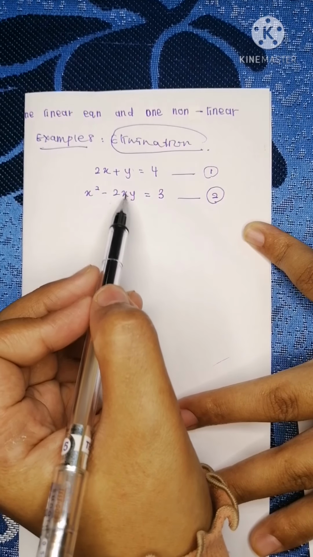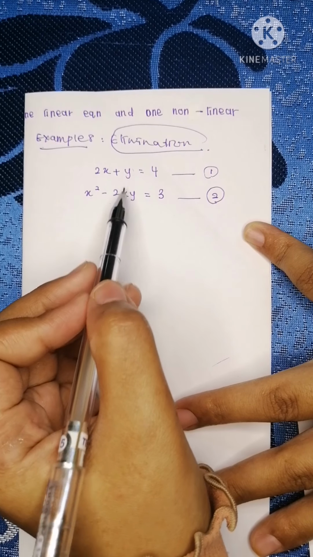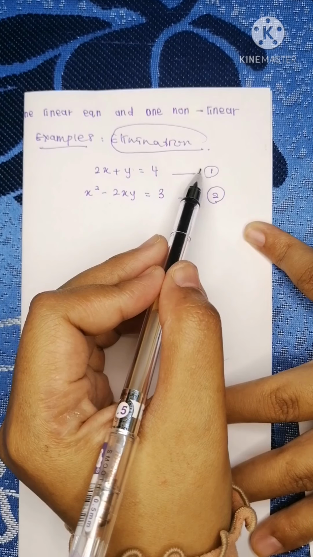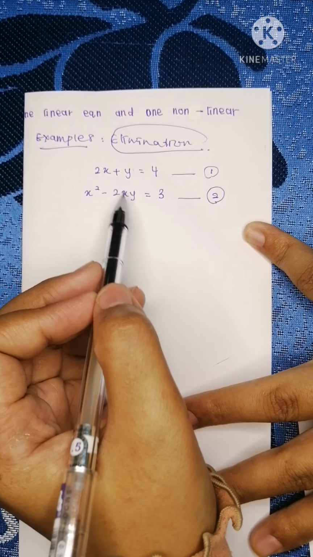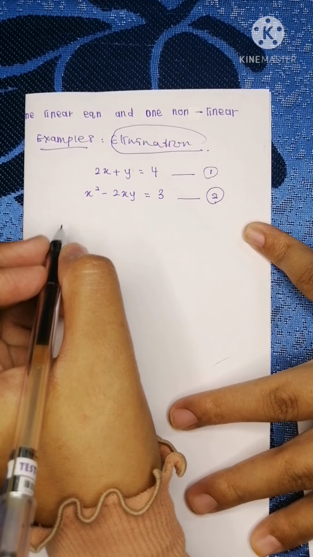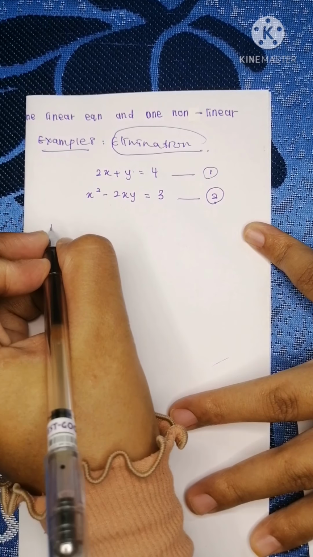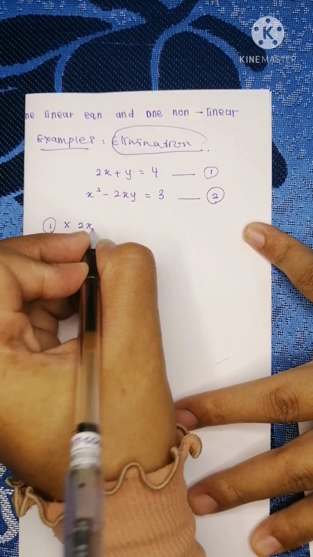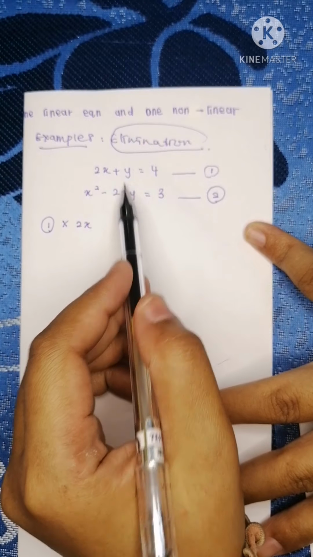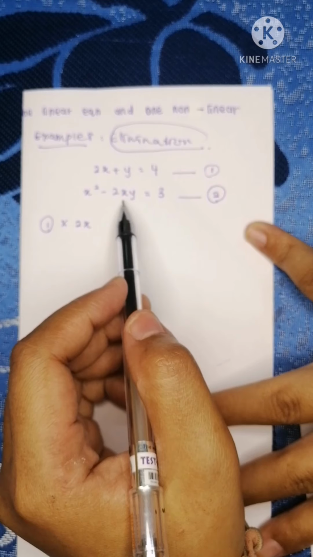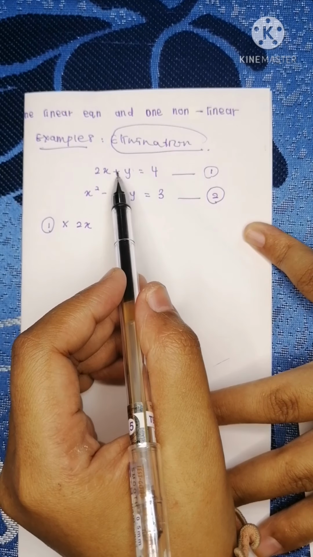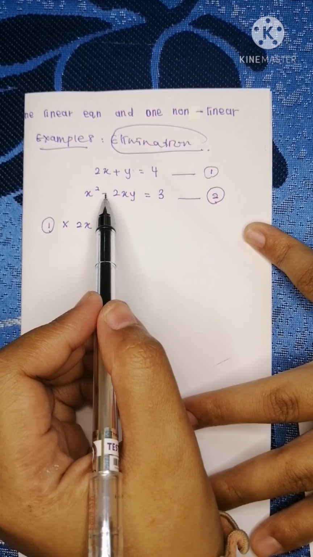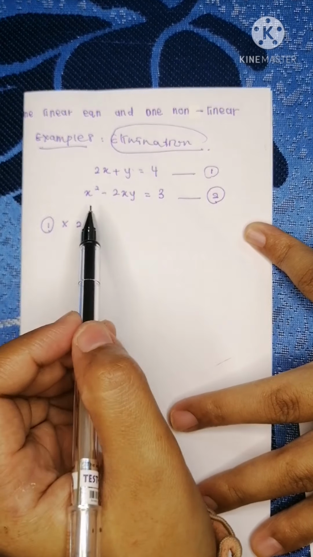So in order to make the terms equal, you need to multiply equation 1 by 2x, because we want to make this term equal so that we can eliminate. This one is already positive, so just multiply with 2x. This one is negative, so that later we can eliminate.